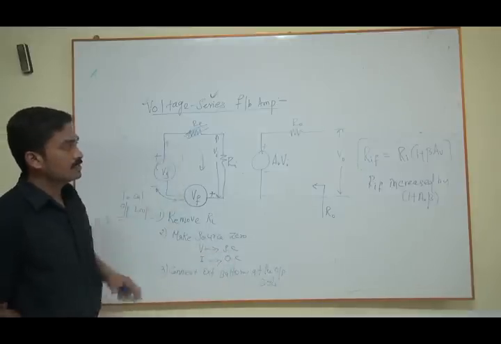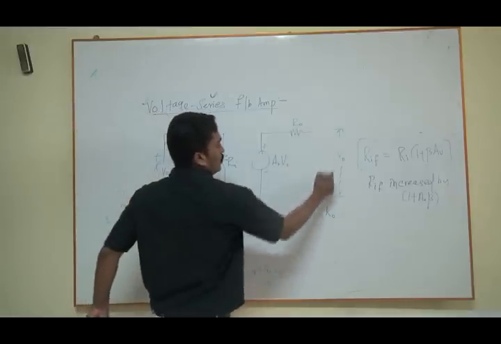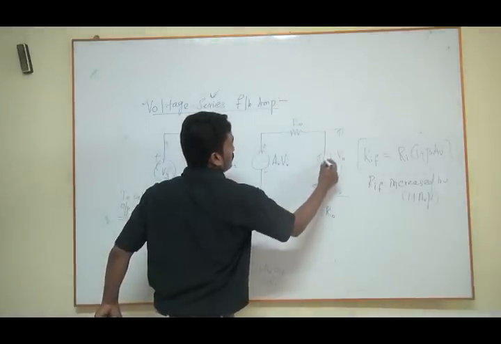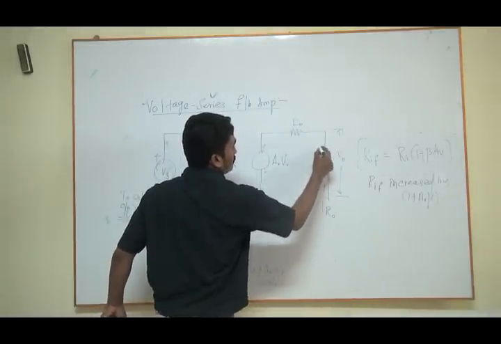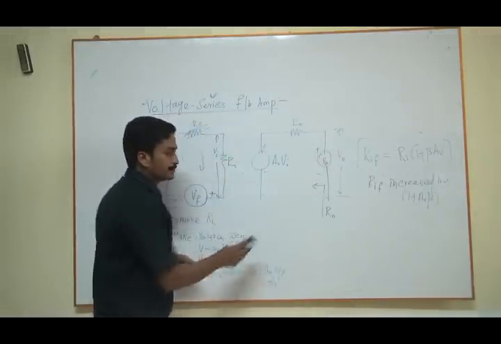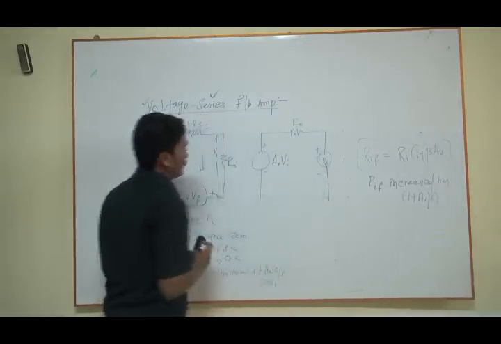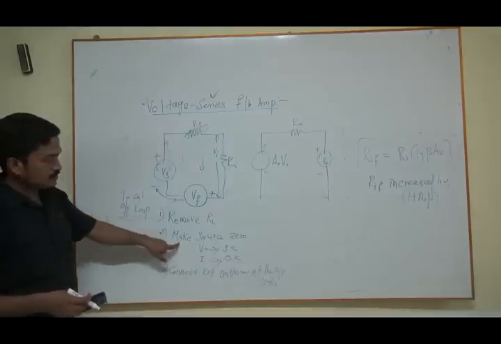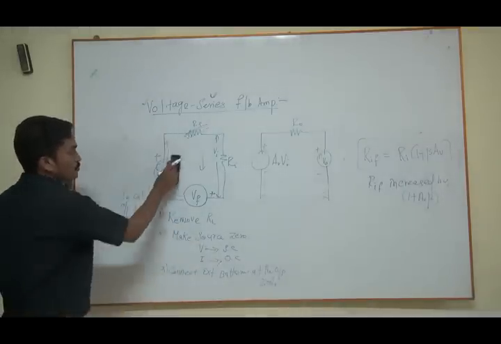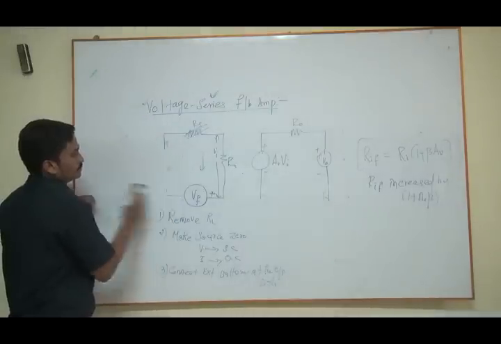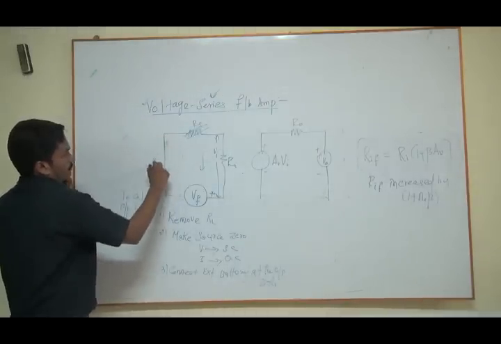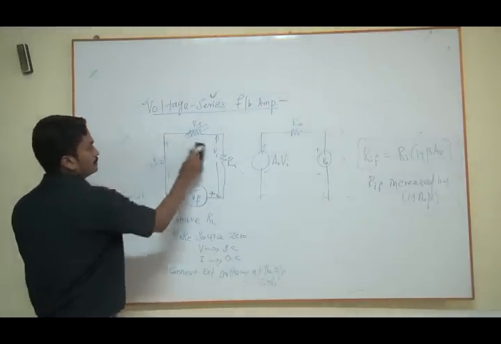So you can modify this circuit now. We remove RL and connect one V0 like this. The input side source is a voltage source, so you short circuit this.